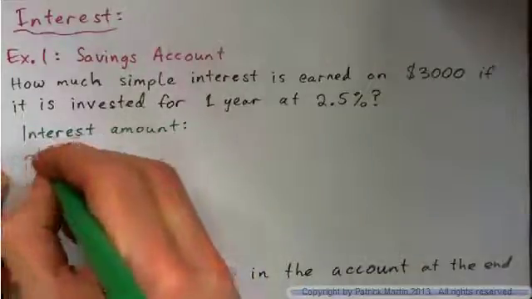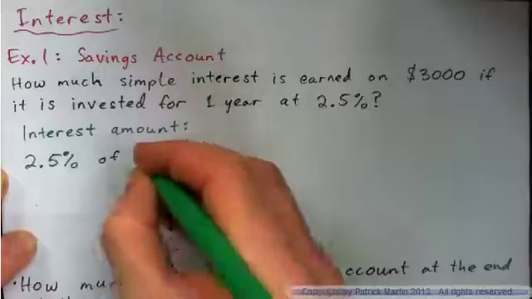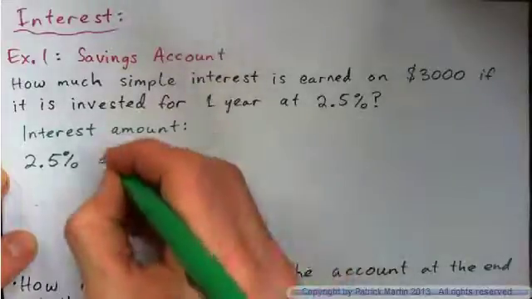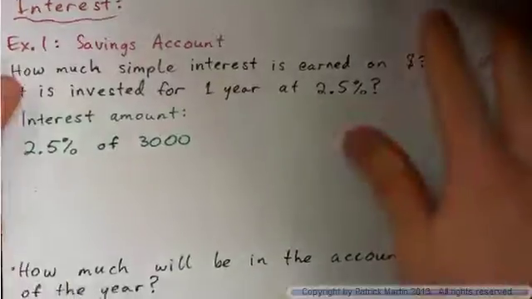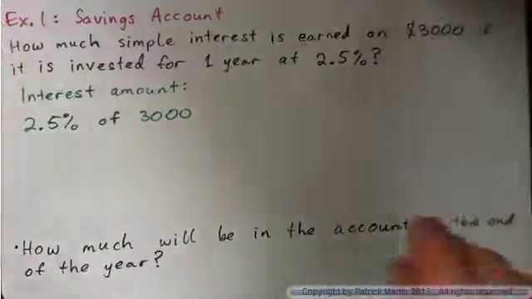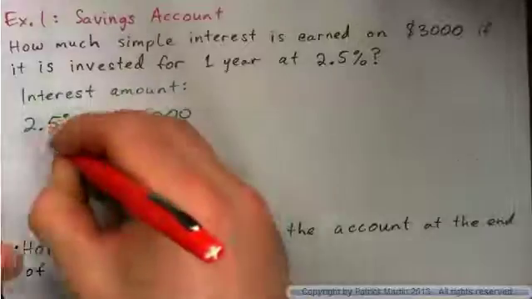Don't you have to get 2.5% of $3,000? So we've got to turn 2.5% into a decimal. How do you turn 2.5% into a decimal?